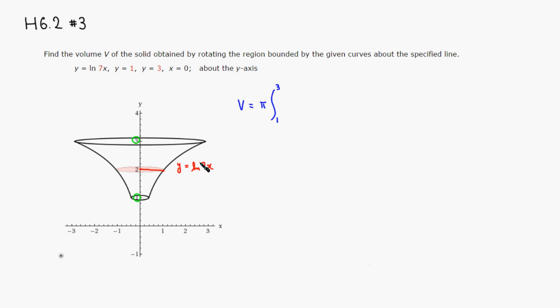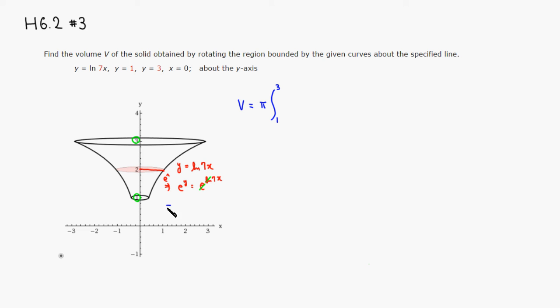But we have to write it in terms of x equals form. So what we can do is raise e to the y and raise e to the natural log of 7x. The exponential function and the log function are inverses of each other, so you can cancel those out.